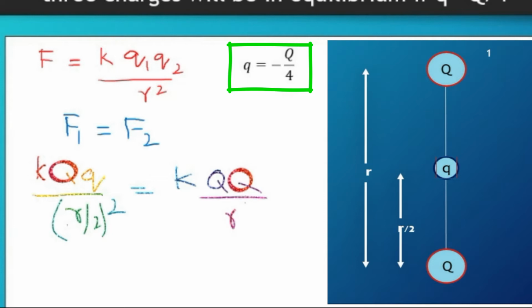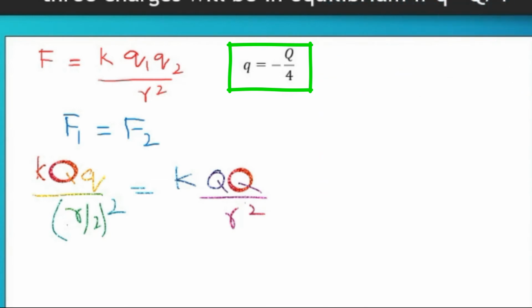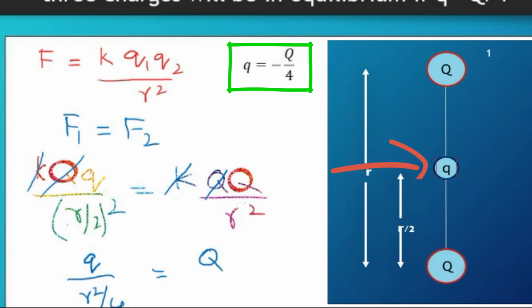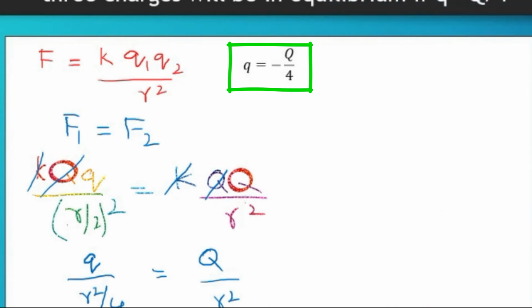What we have in common on both sides is capital Q and the constant k, so we cancel these from both sides. What we are left with is q by r square by 4, which is equal to Q by r square. I forgot the negative sign here: as the small q charge is negative, I put a negative sign with small q.